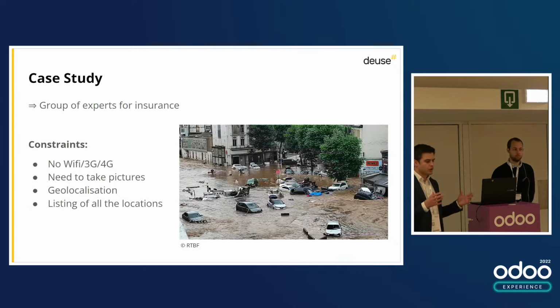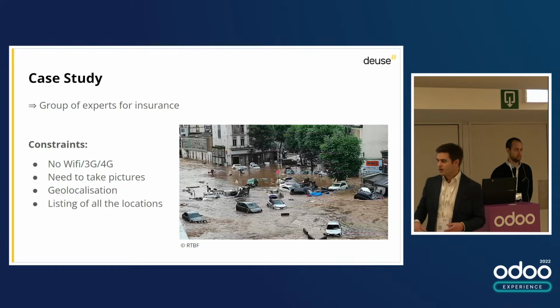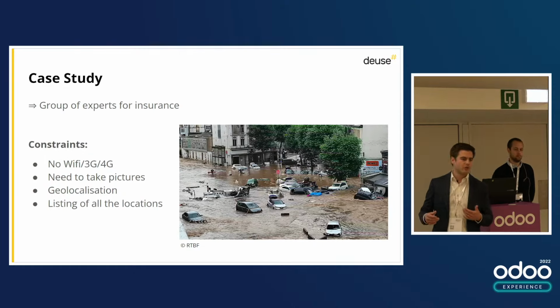The case study we are going to explain is for experts in insurance, who are mainly on the road. Last year in Liège, we are a company from Liège, we had a big flood, and the experts had to visit a lot of damage sites to claim damages for insurances.